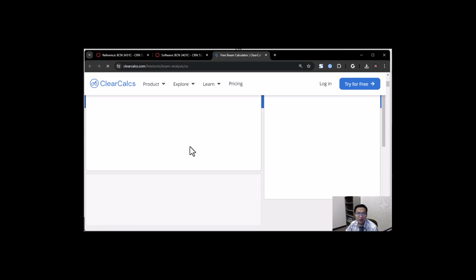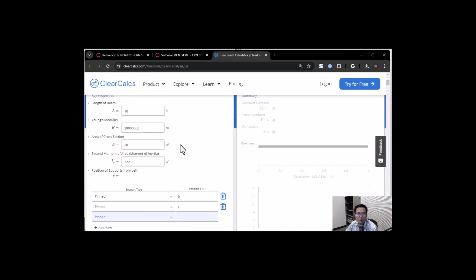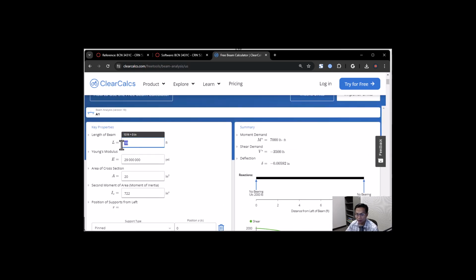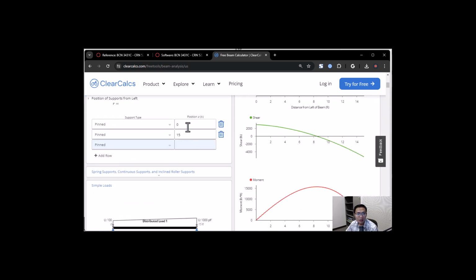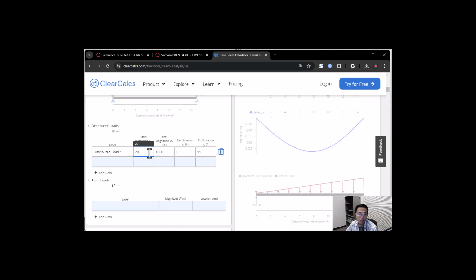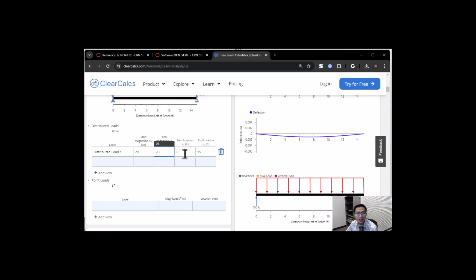We have here a length of 15 feet, and we have one pin at 0 and one roller at 15, with a distributed load of 20 from 0 to 15.